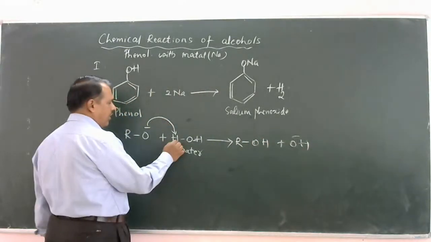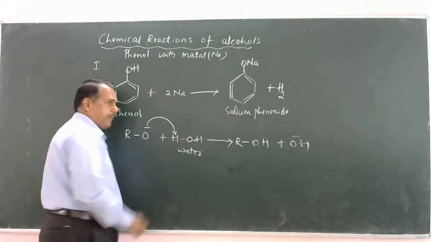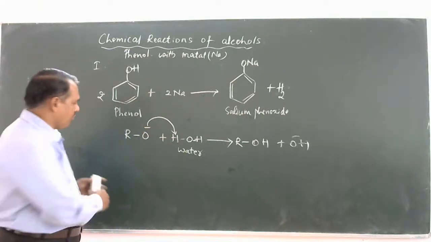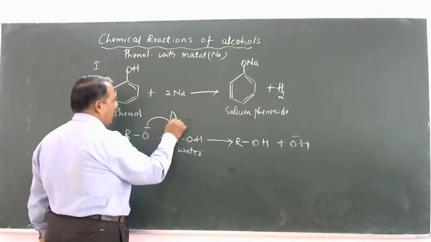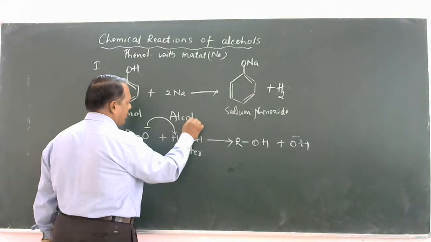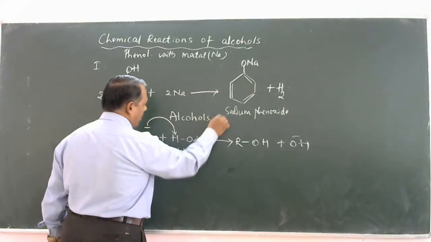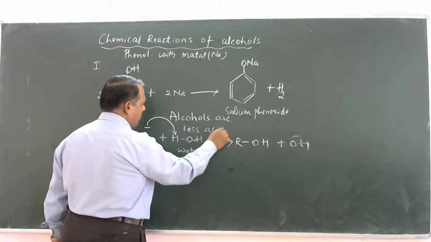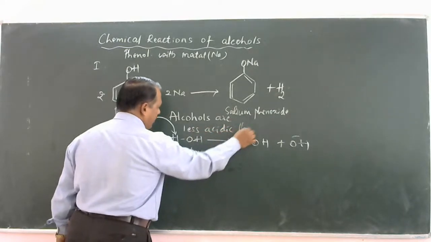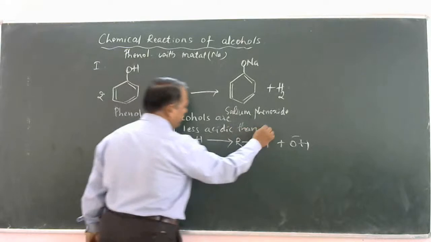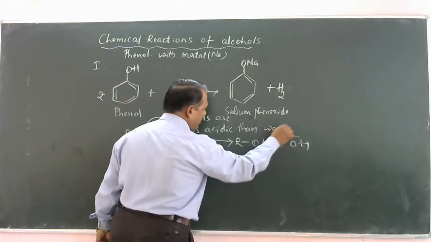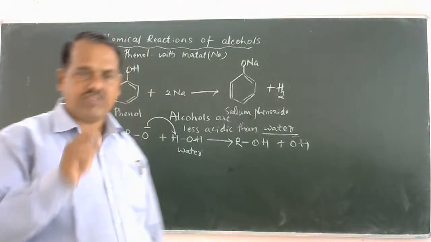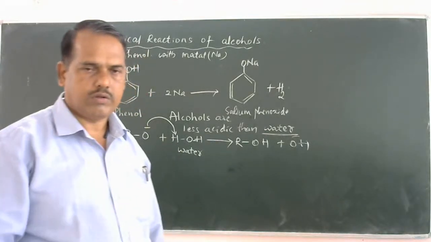This indicates that water is more acidic and alcohol is less acidic. So we have to remember alcohols are less acidic than water. Are you clear? Alcohols are less acidic than water.